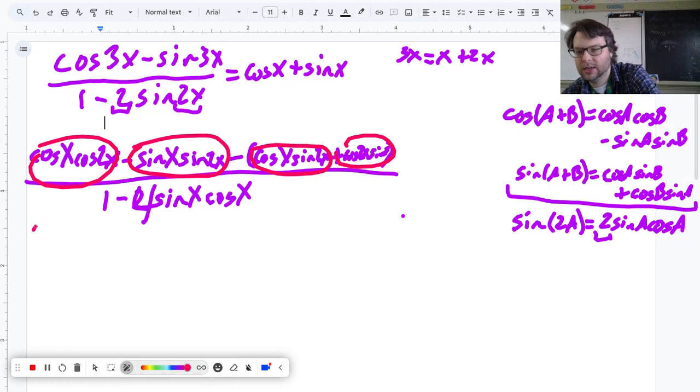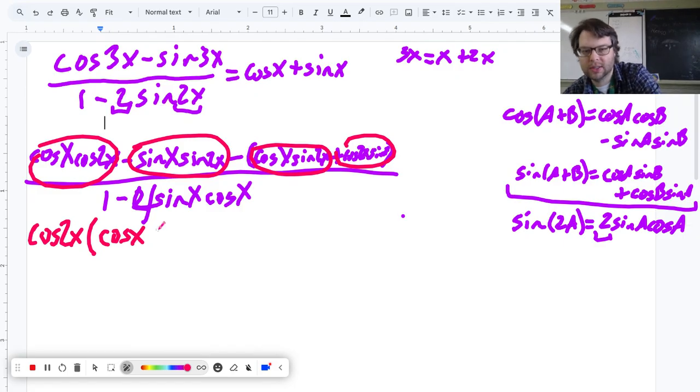So I can factor out cosine 2x, then inside the parentheses are cosine x from this piece on the left and sine x from that piece on the far right, and it's a minus because I had this subtraction symbol in the middle.